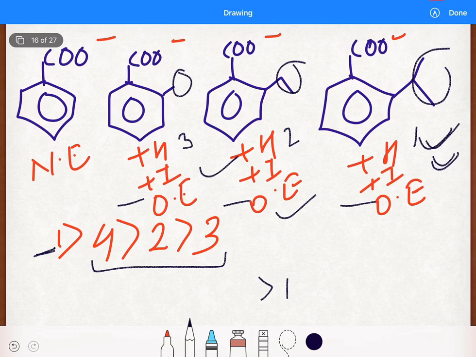Then what are we comparing? We are comparing the extent of ortho effect. The fourth one has the highest ortho effect, and the second one has lower ortho effect than the third one because of their size. As we move right, size will increase. As the size increases, ortho effect will increase, correct. Since ortho effect is increasing and we know that ortho effect increases acidic strength, this one will increase acidic strength more than the rest two, correct.